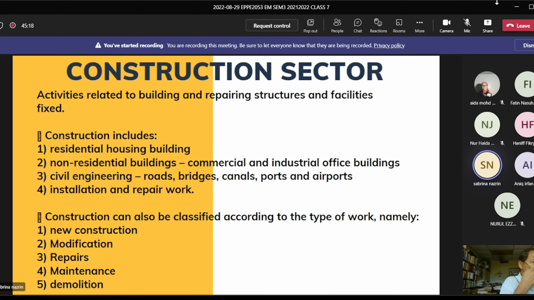The third one is civil engineering, which is roads, bridges, canals, ports, and airports. The last one is installation and repair work. The construction can also be classified according to the type of work, namely new construction, modification, repair, maintenance, and demolition.